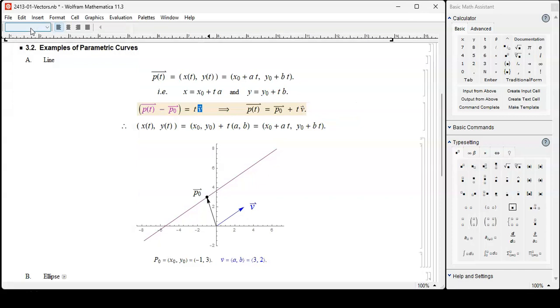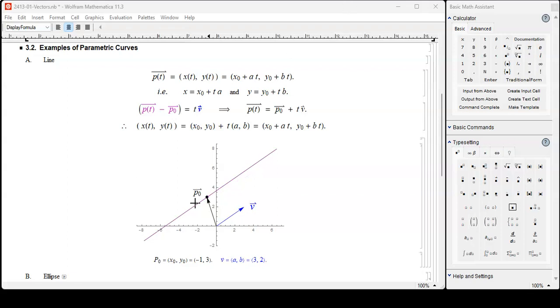Excuse me, sorry about that, wrong key. Okay, all right. So what does that mean? It means this. So P of t minus P0 is actually this vector.